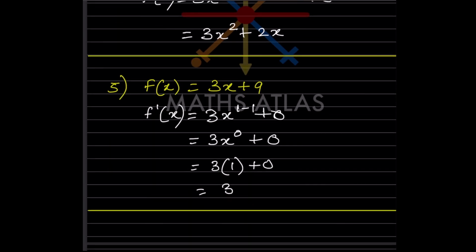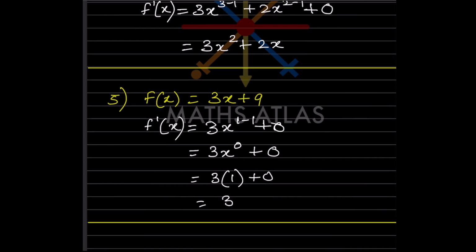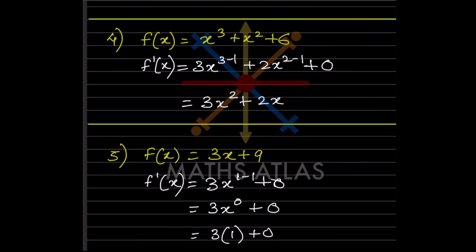Again here there is nothing, which means that is 1. So what we can do here, we can write this 3 as it is. Here 1 minus 1. See, here there was no coefficient, so we just took this n as this. Here we already have 3 before x, so this 3 we are going to write as it is, and then we think of the coefficient of this x.